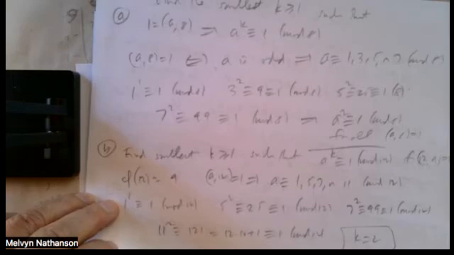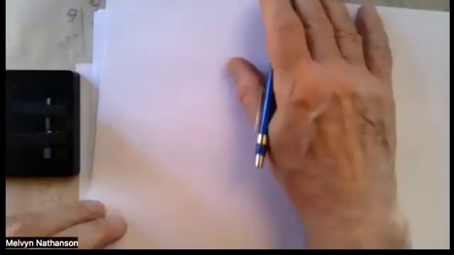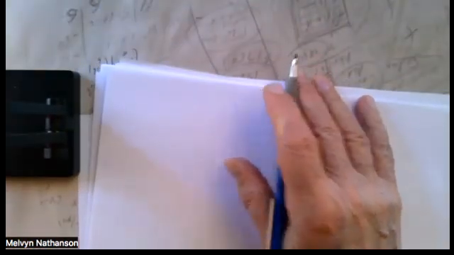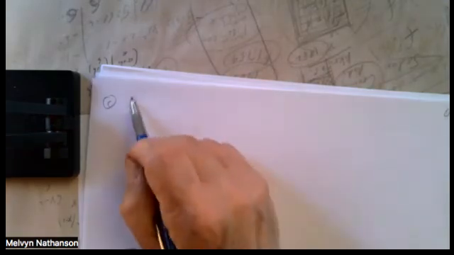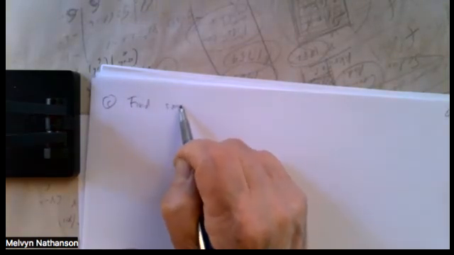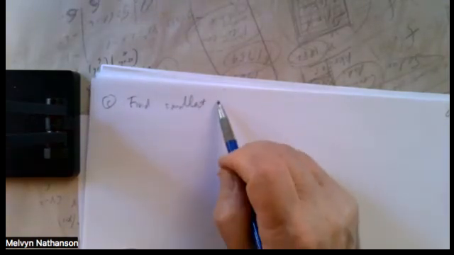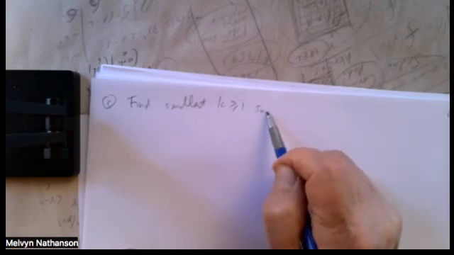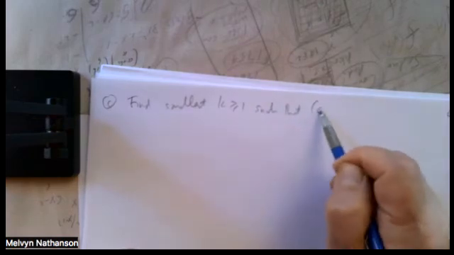So we did this problem for moduli 8 and 12, and part C is the modulus 11. We want to find the smallest k, at least 1, such that whenever a and 11 are relatively prime, then a to the k is congruent to 1 mod 11.